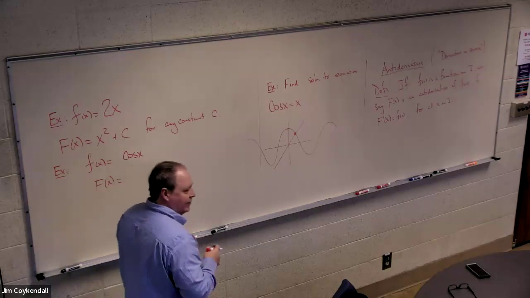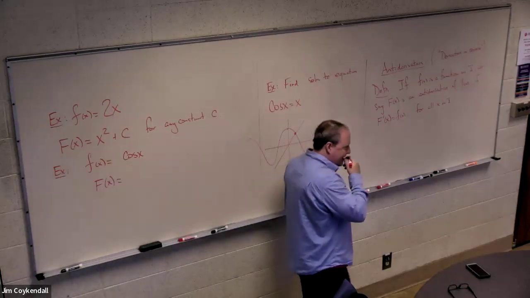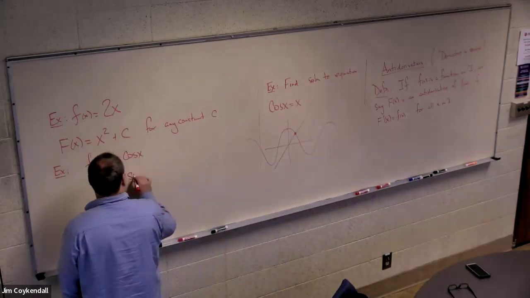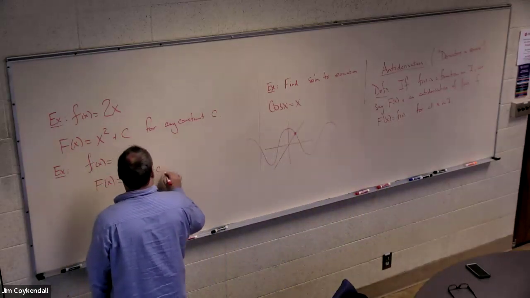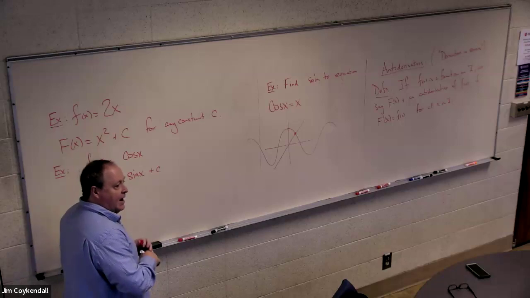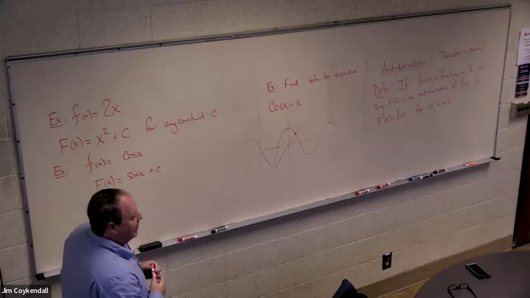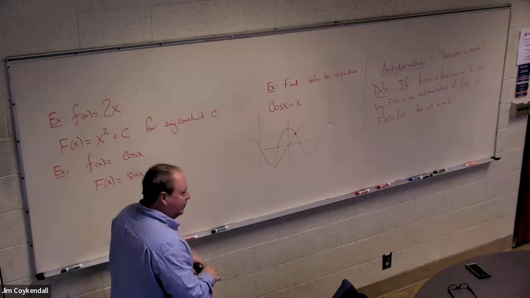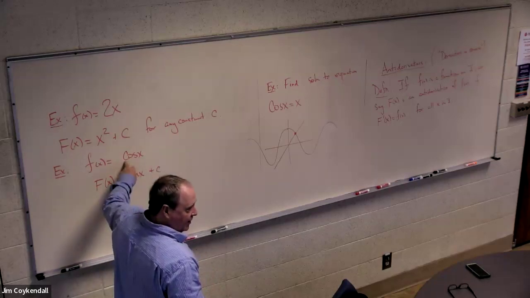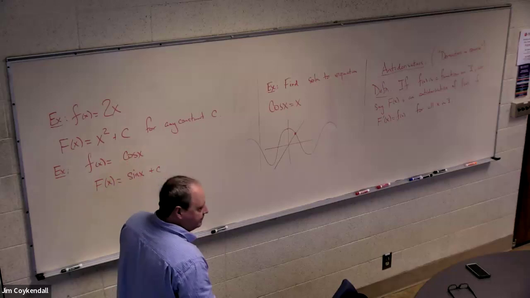Say you need an antiderivative of cosine x. Sin x will work, right? The derivative of sin is cosine. Here's the great thing about antiderivative functions. You can always check it because you all are pretty good with derivatives. Whatever you get here, you take the derivative, and you get back to where you started.